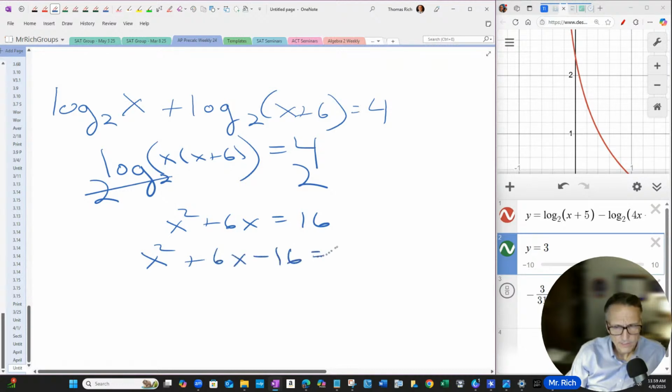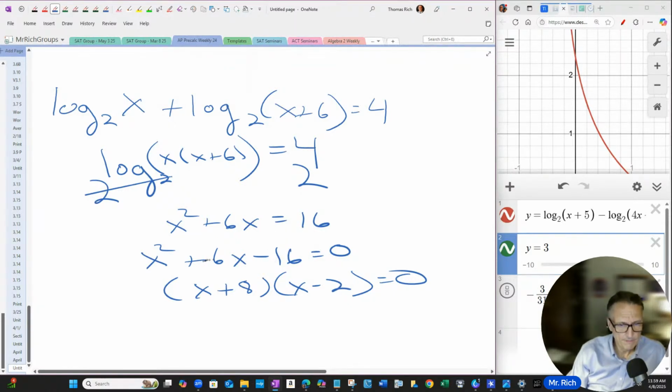Then I will go ahead and factor this quadratic. The two factors are going to be a positive 8 and a negative 2. I'm looking for two numbers that multiply to be negative 16 but add to be positive 6. There they are. That gives me two solutions to this quadratic, negative 8 and positive 2.